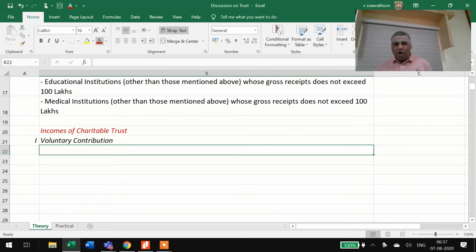Income tax law gives a terminology called voluntary contribution.